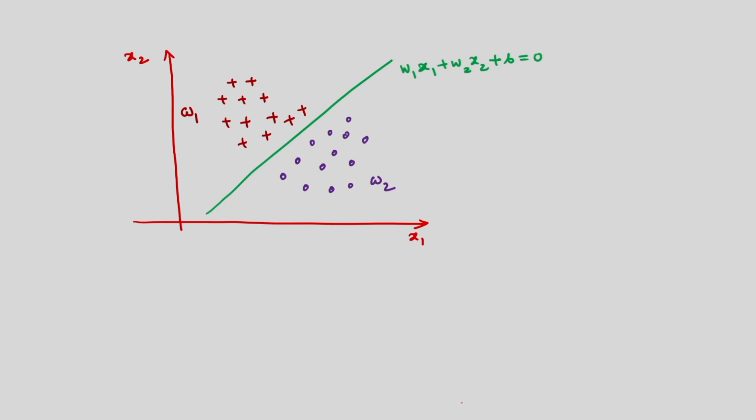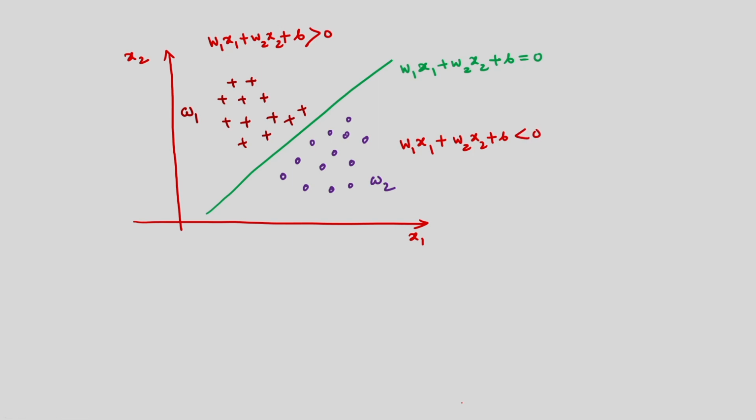And corresponding to the class omega 1, what is my decision rule? It is w1 x1 plus w2 x2 plus the bias b is greater than 0. Then I have to consider the class omega 1. And corresponding to the class omega 2, the condition is w1 x1 plus w2 x2 plus b less than 0.